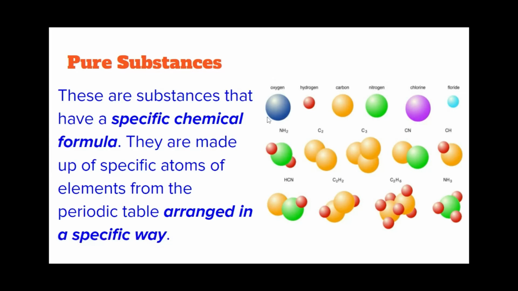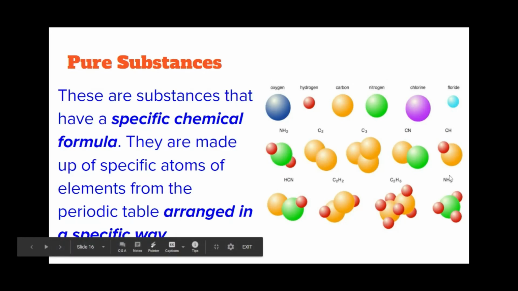So here we see atoms from elements of the periodic table. We have oxygen, hydrogen, carbon, nitrogen, chlorine, and fluoride. And here we see different combinations of some of these atoms arranged in very specific ways.